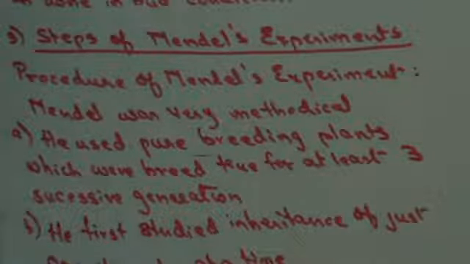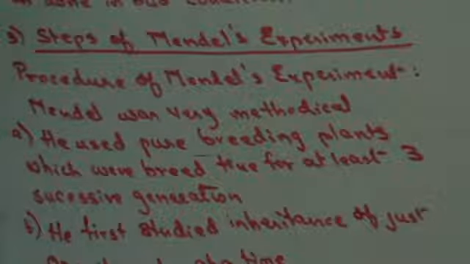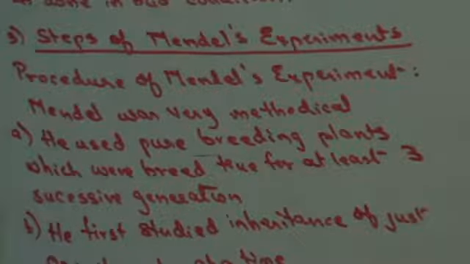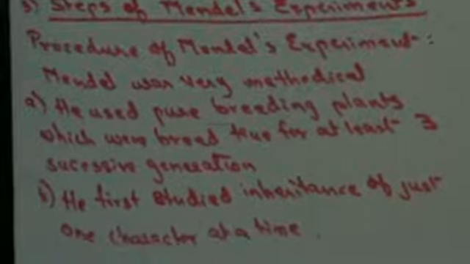Unlike others who considered the organism as a whole, he just took out one character and studied only that one character. Then he studied 2 characters together, then 3 characters together.